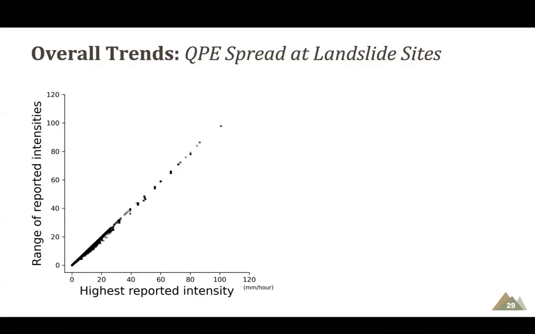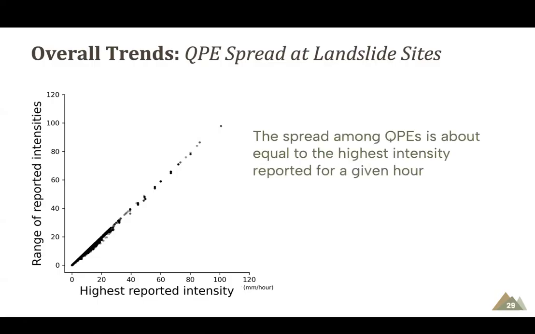Basically this plot just looks like a straight line, like a one-to-one line, which tells us that the spread among QPEs at these landslide locations is pretty much the same as the highest intensity reported.